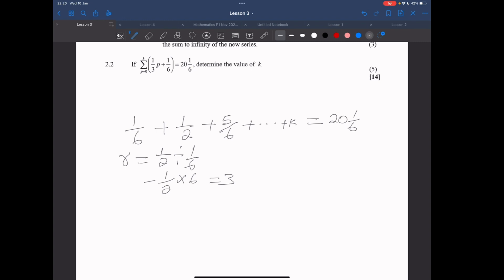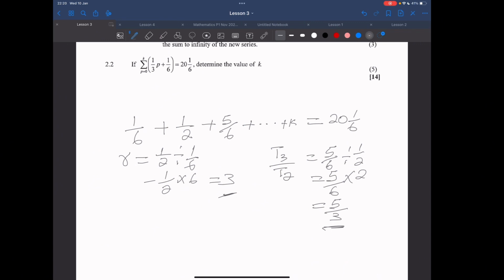And if you look at term 3 divided by term 2, we have 5 over 6 divided by 1 over 2, and clearly this gives us 5 over 3. And 5 over 3 and 3 are not the same. So this is not a geometric series because we don't get a common ratio.